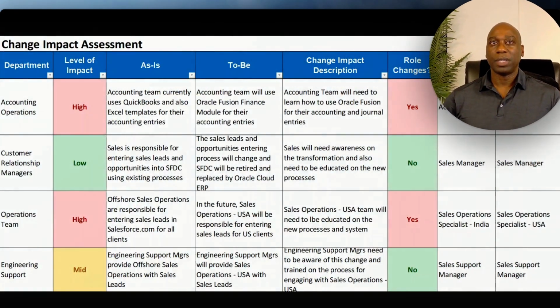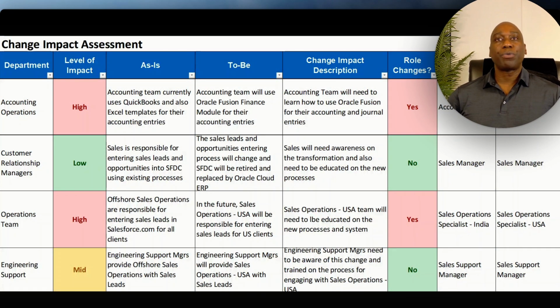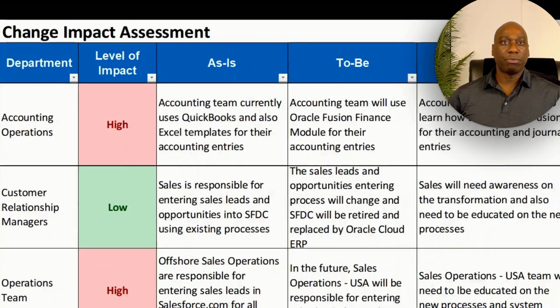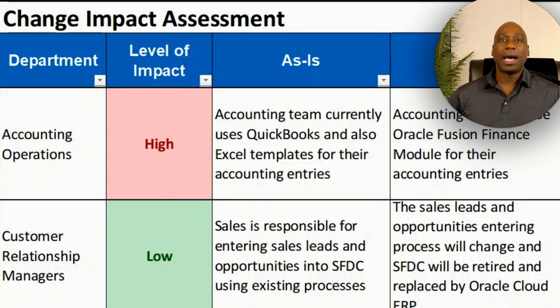Step 2 involves identifying stakeholders and impacted groups. In this step, you want to create a stakeholder map and list all departments, teams, groups, or job roles that will be impacted by the change. For example, we see here in this change impact assessment template that accounting operations has been listed as an impacted department.